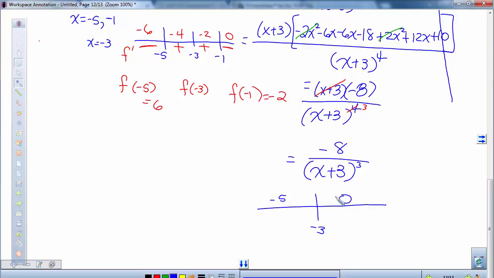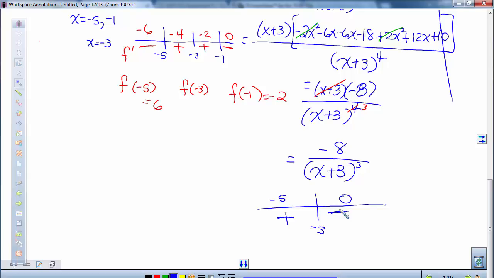Negative 5 plus 3 is negative. If I cube a negative, it's still negative. But with this negative up top, that's going to be positive. When I plug in 0, we get 3 on the bottom, but it's still negative on the top, so we get negative. So from minus infinity to minus 3, this is concave up. And from minus 3 to infinity, it should be concave down.